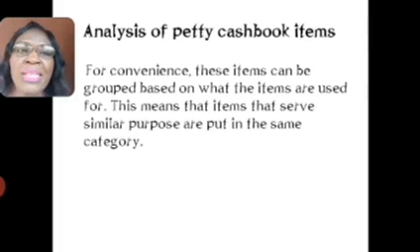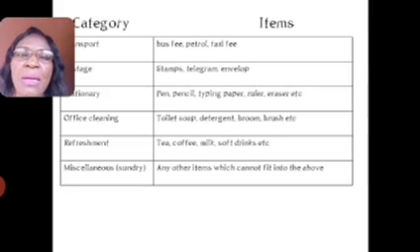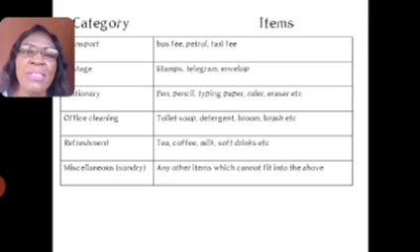And this means that the items that serve similar purposes are put in the same category. For instance, when you buy an office pen or pin or correction fluid, you categorize them under stationeries.